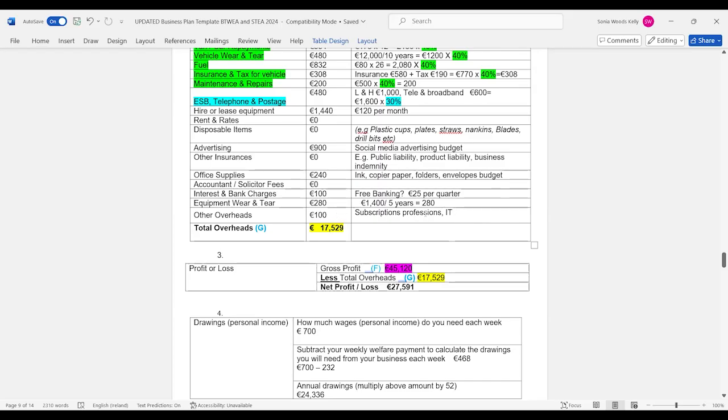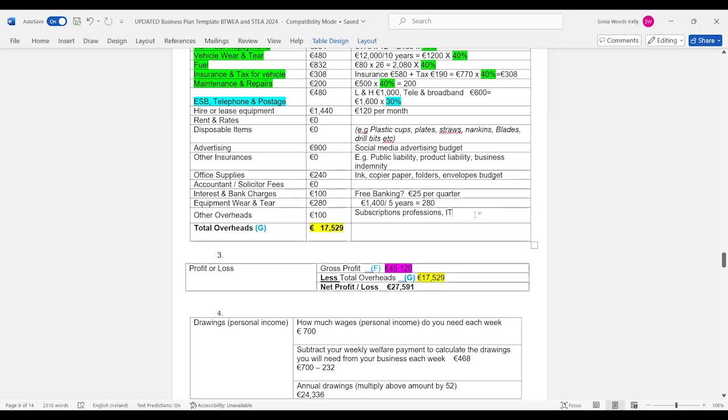So in this example, I'm including some professional subscriptions I have, and also some IT subscriptions, like virus software or antivirus protection, an annual subscription for that, a Microsoft Office subscription, a Zoom subscription, accounting software subscription, anything of that nature, or any other items you may think of. List them here and put in the total amount here.